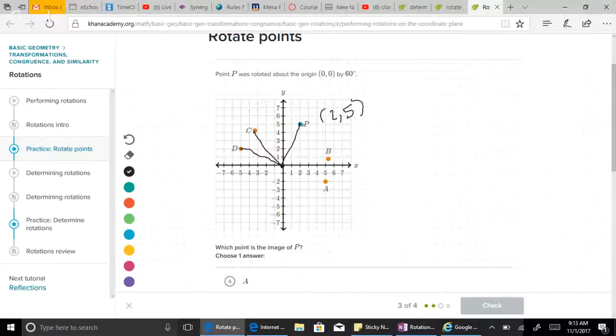This is at x is negative 3, y is 4. This is at x is negative 5, y is 2. So 60 degrees. Which one looks more like 60 degrees? This one or the entire thing? I'm thinking C.